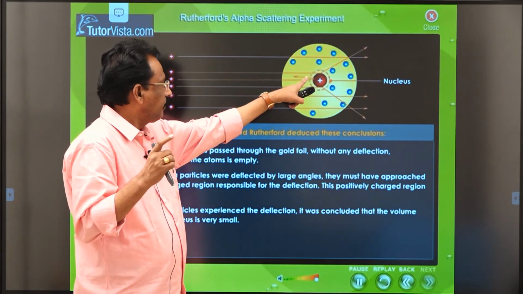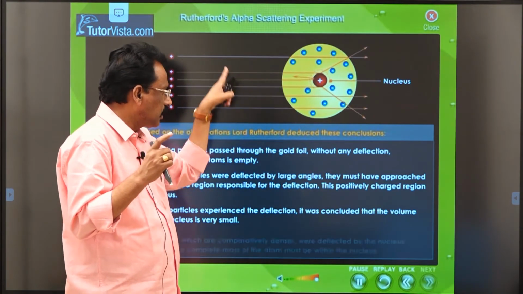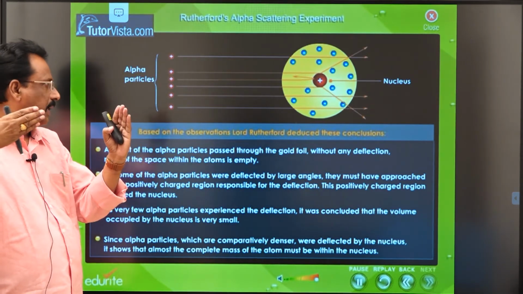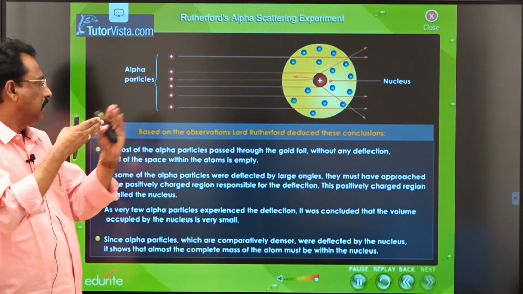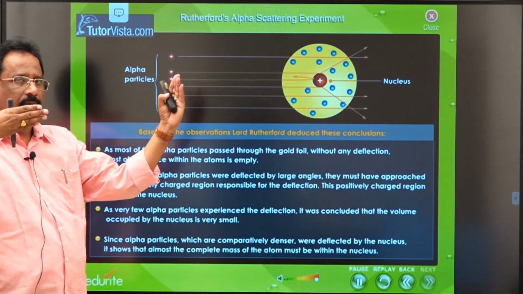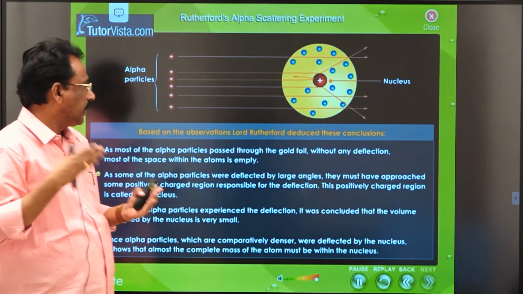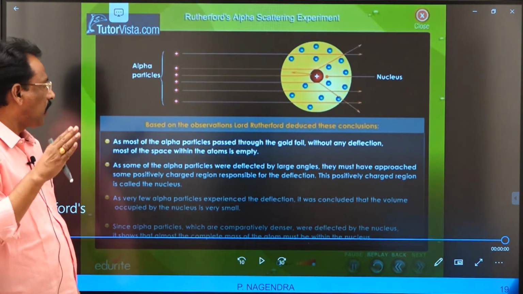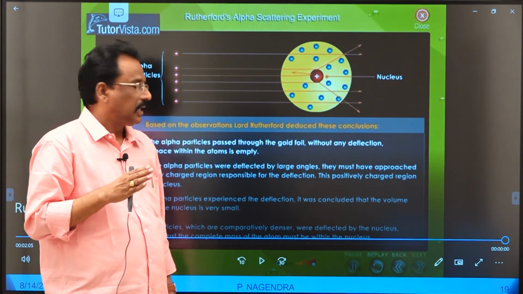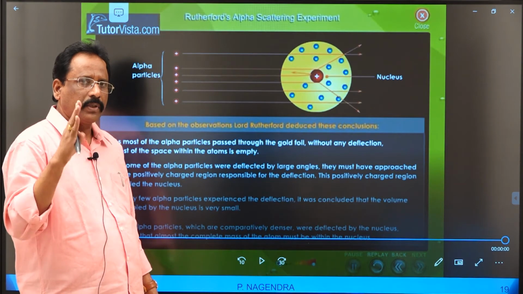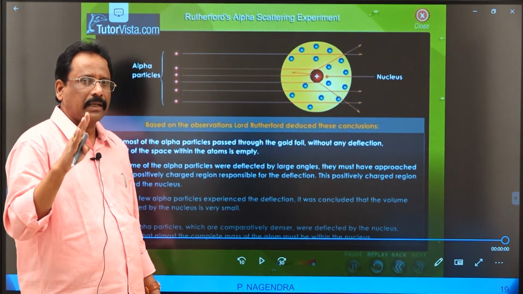See here, deflected back along their original path, indicating that the alpha particle directly struck the positively charged nucleus. That's why it deflected back along its original path, indicating the size of the nucleus is very small. So these are the observations and conclusions according to Rutherford's alpha particle scattering experiment.